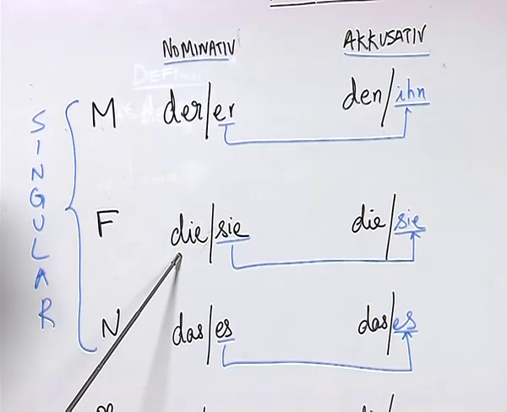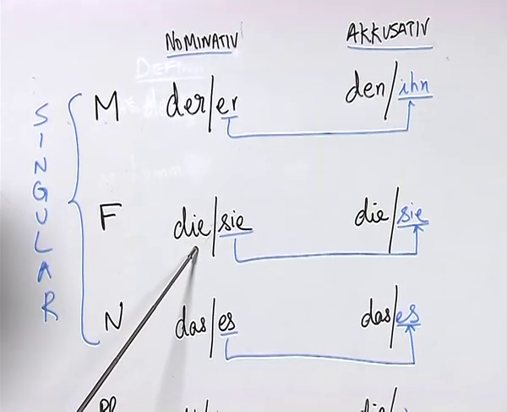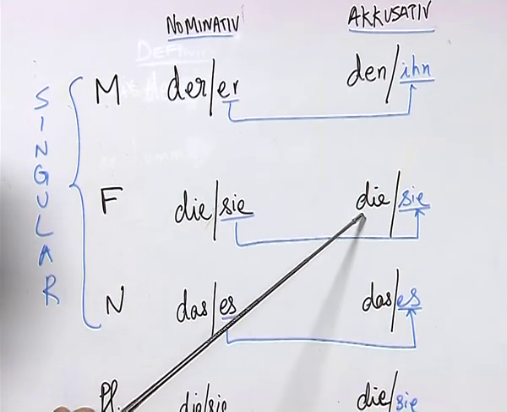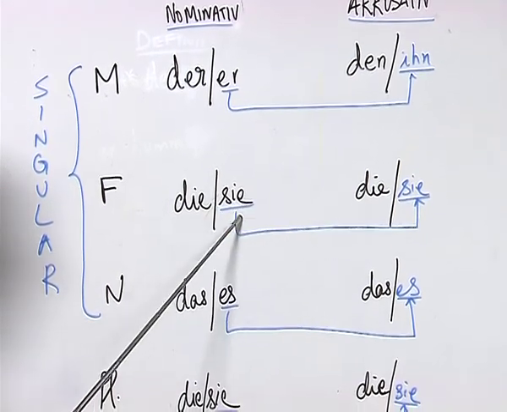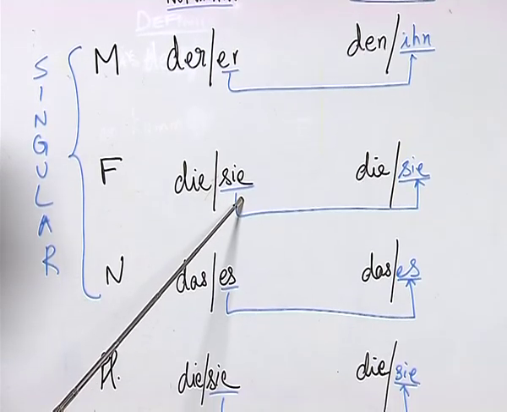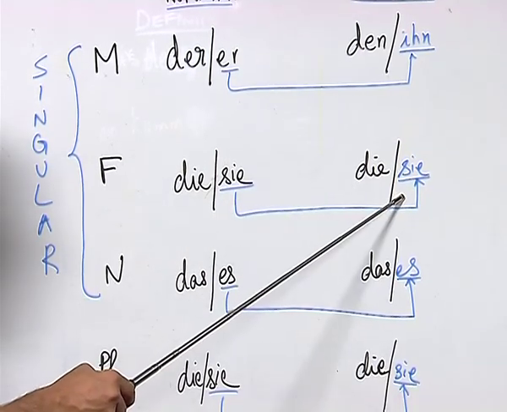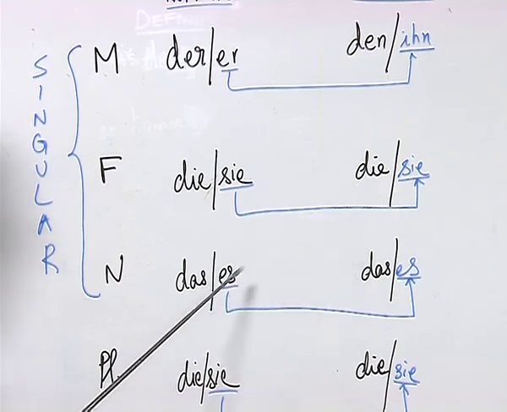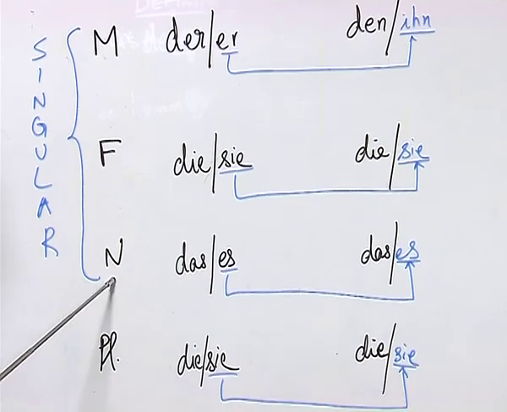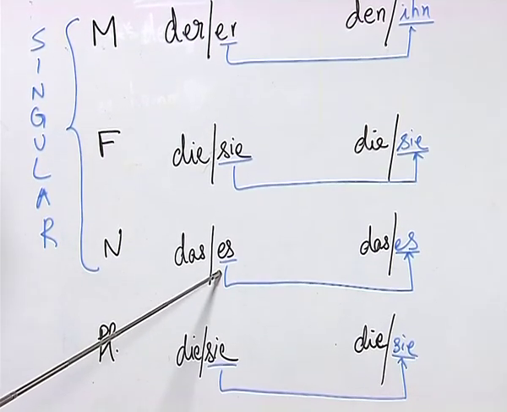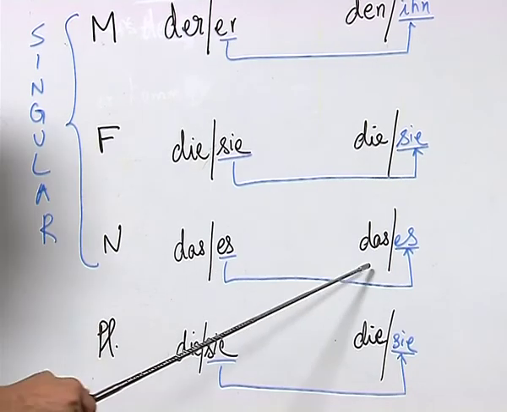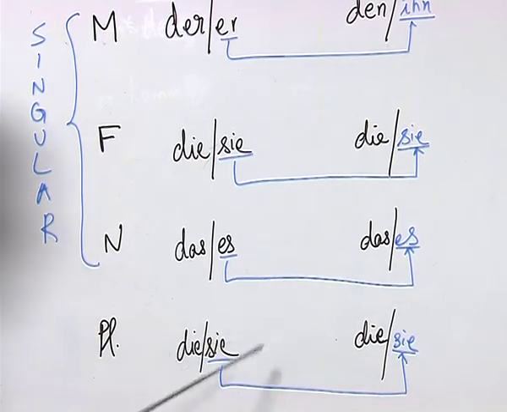Now let us look here under the feminine article, the article die, which remains die as you know in accusative, and the pronoun for the article is sie, which is in nominative, which also remains the same in accusative. Also the article which is for the neutral gender, it has got the pronoun es, and the same form remains in accusative also.